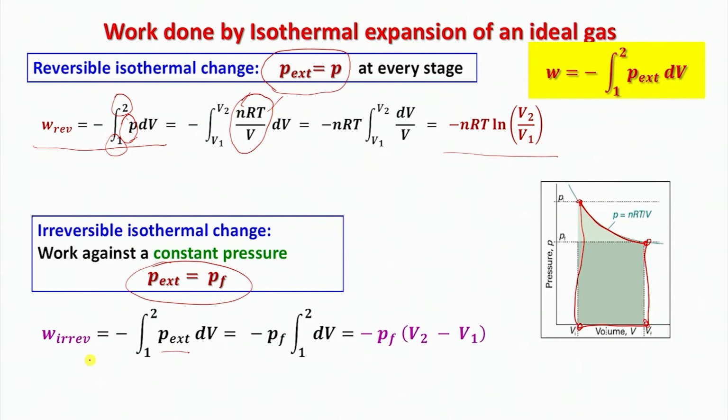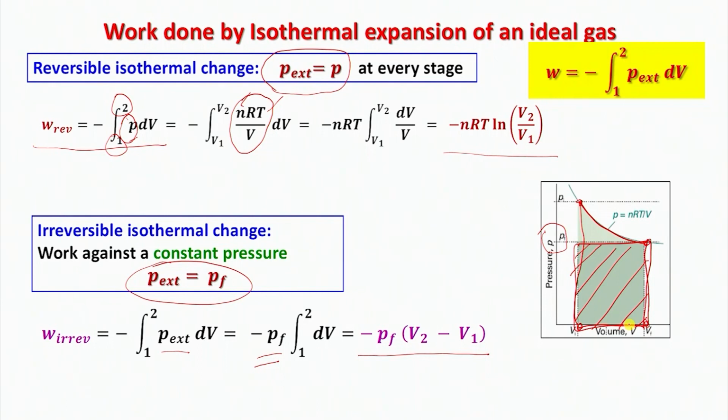And in that case, I can put Pf, which is the final pressure of the gas, and evaluate the amount of work done as this. So what does this correspond to? This corresponds to the area of this rectangle as shown in this figure.